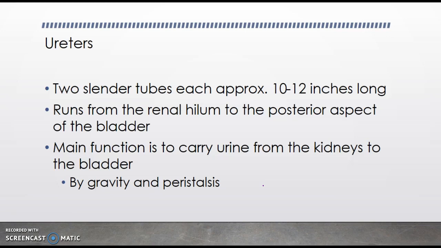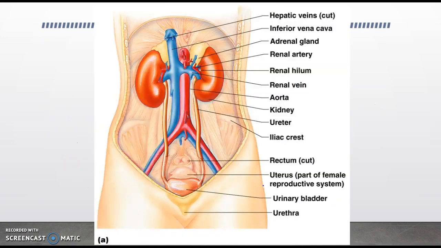Most of the time you're either sitting up or standing up, so urine is carried down by the ureters through gravity, and also peristalsis, which is the contraction of smooth muscle that forces urine down and into the bladder. So here are our ureters. They just exit the kidney and take urine down into the bladder to be stored.